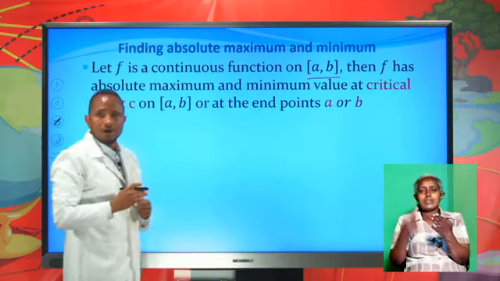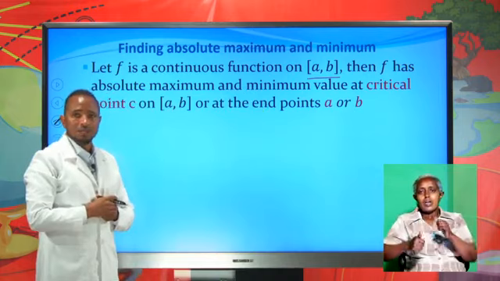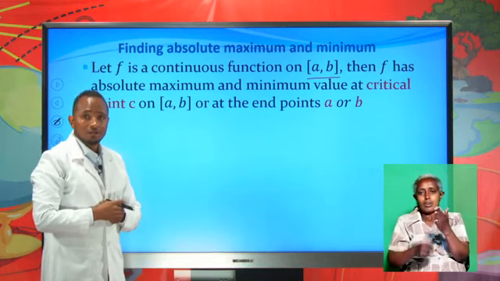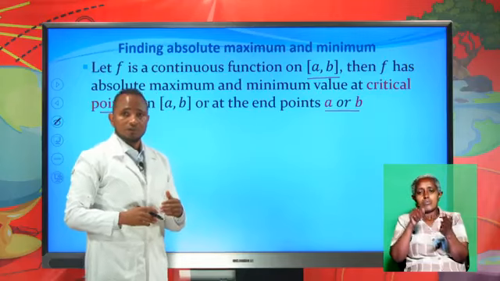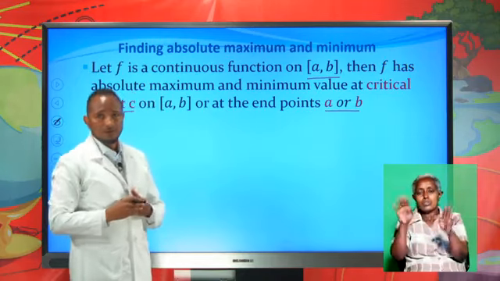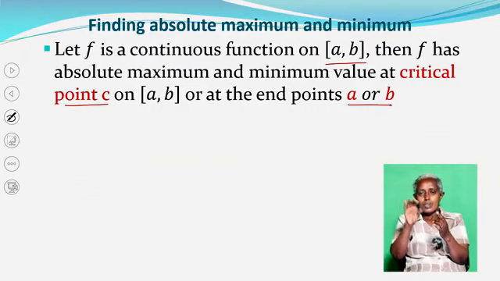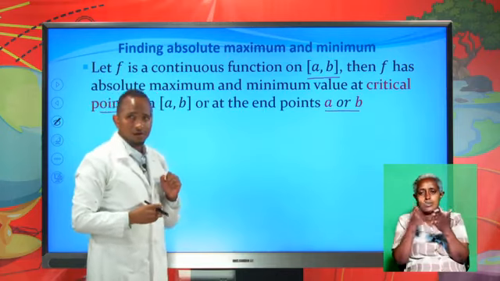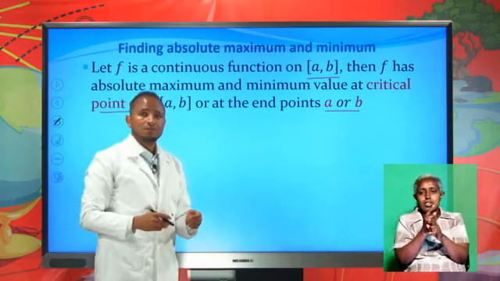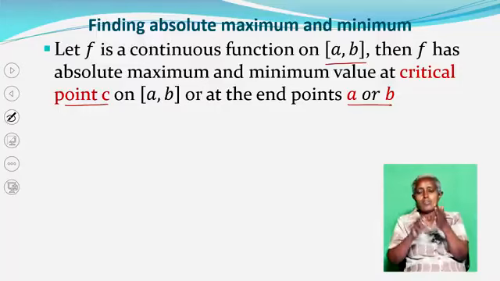Then f has absolute maximum and minimum values at a critical point c in [a, b] or at the end points. If a function is continuous on a closed interval, to find its absolute maximum or minimum values, you need to first find the critical numbers on that interval, and then check the functional value of that function at the critical numbers and at the end points.